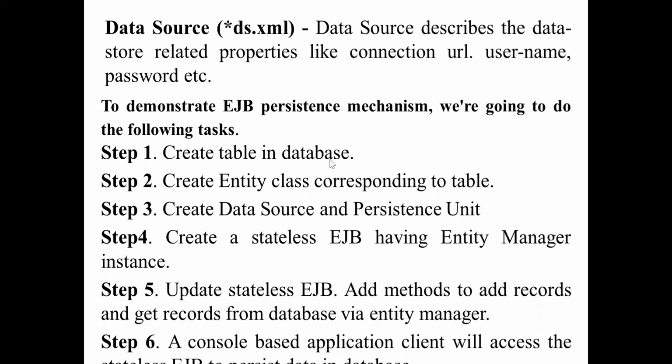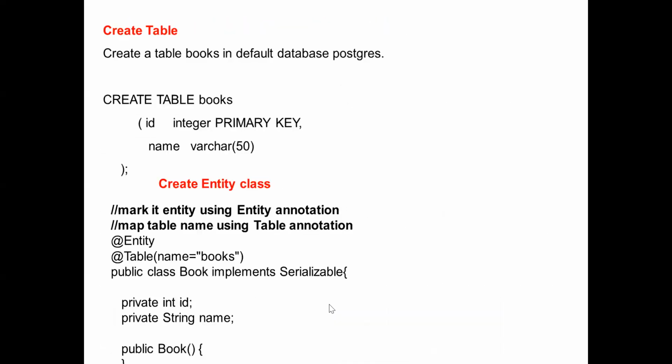First, create the table, create the entity class corresponding to the table, then create the data source and persistency unit, and create the stateless EJB having the entity manager, and we can add some methods to the stateless EJB. The application client will access the stateless EJB to persist data in the database. So this is the persistency model.